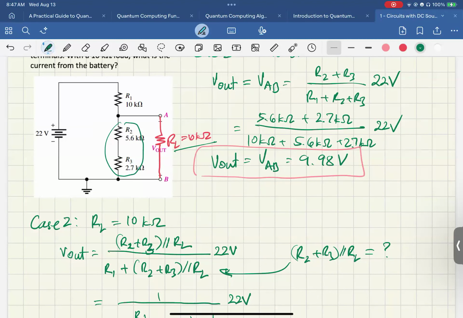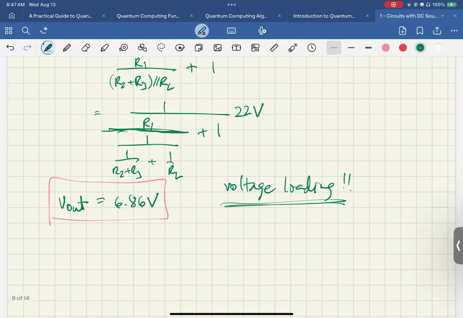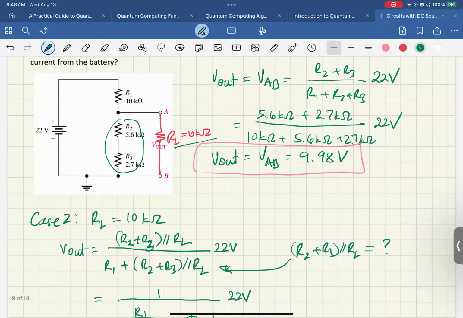And if you recall sa last meeting, para wala tayong maramdaman na voltage loading, dapat yung load resistance must be at least 10 times higher than yung resistance dito sa branch na yan.